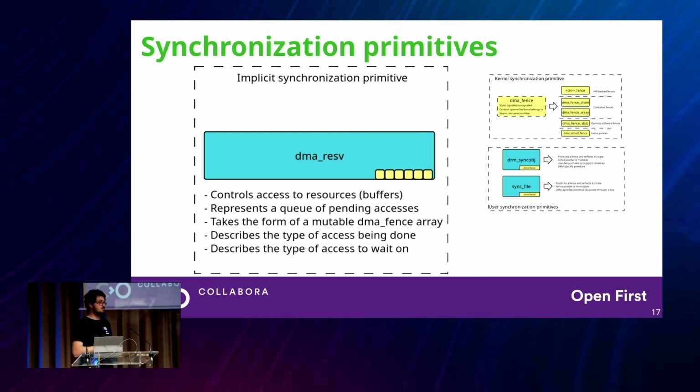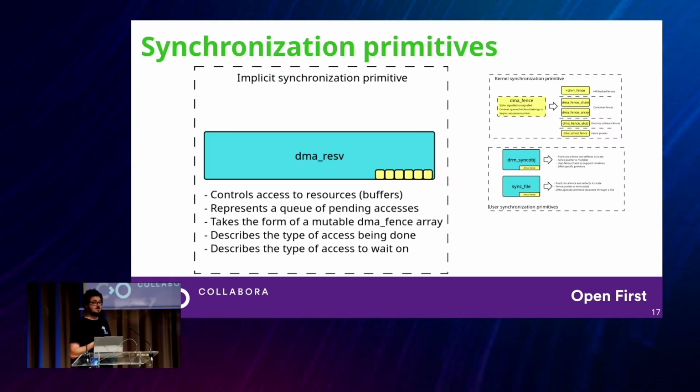It's all internal to the kernel driver. And so we are using the dma_resv synchronization primitive for that. And basically a dma_resv is an array of fences that each driver will add to the resv every time it manipulates a buffer object.